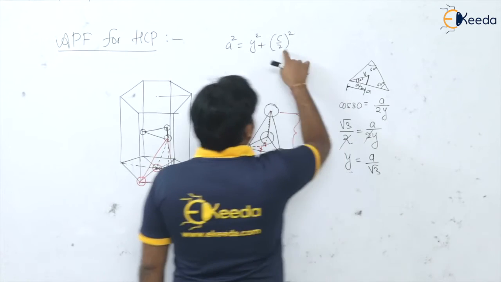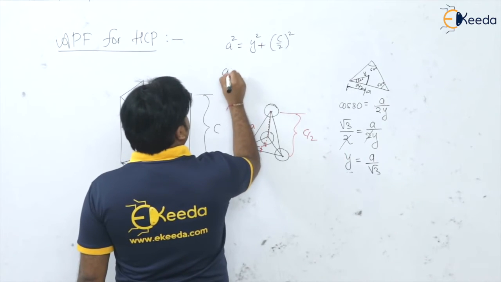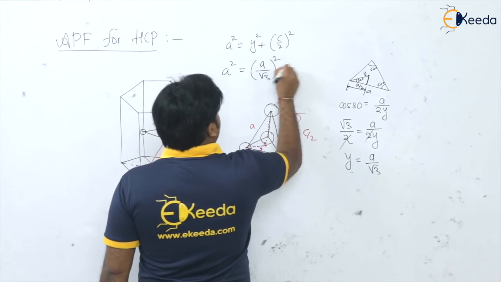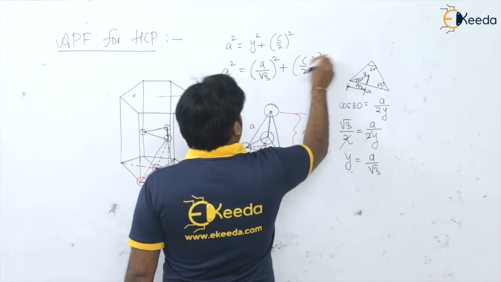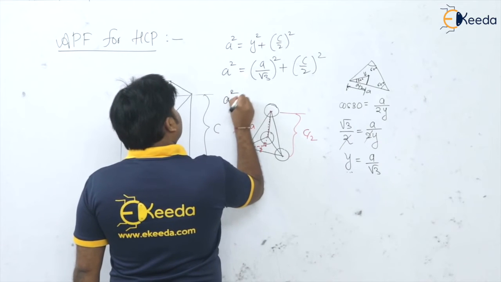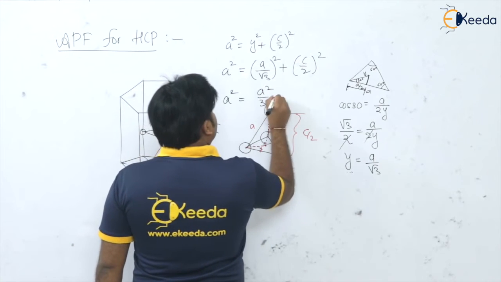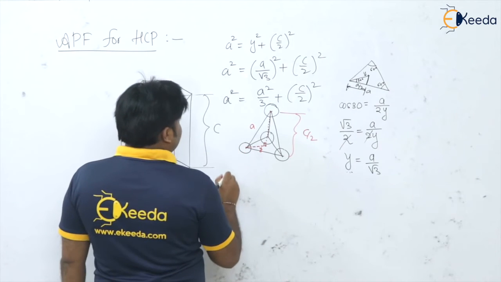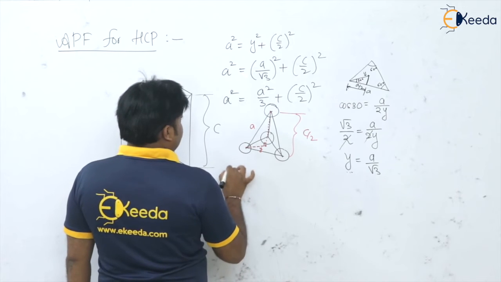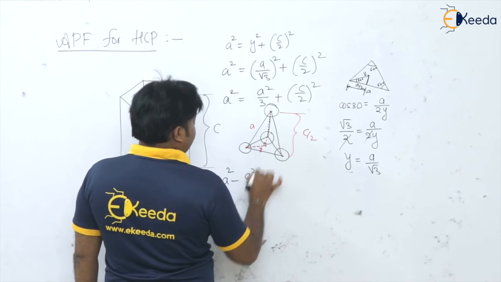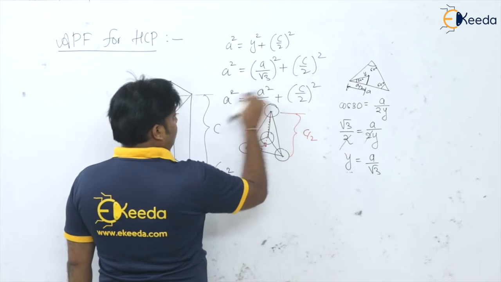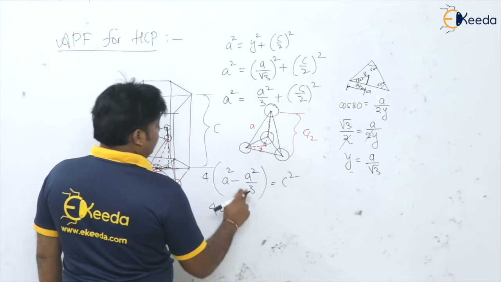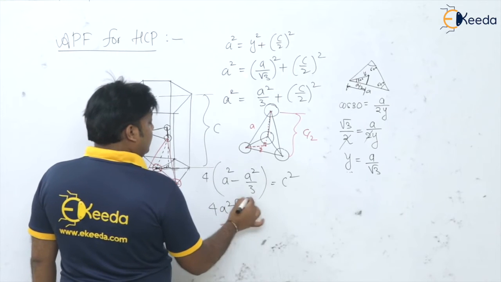Put the value of y in this equation, what you can get? This a square is equal to a by root 3 whole square plus c by 2 whole square. So we can get a square is equal to a square by 3 plus c by 2 whole square. So take here a square minus a square by 3, into 4, is equal to c square. So 4a square, taking a square common, what will remain?